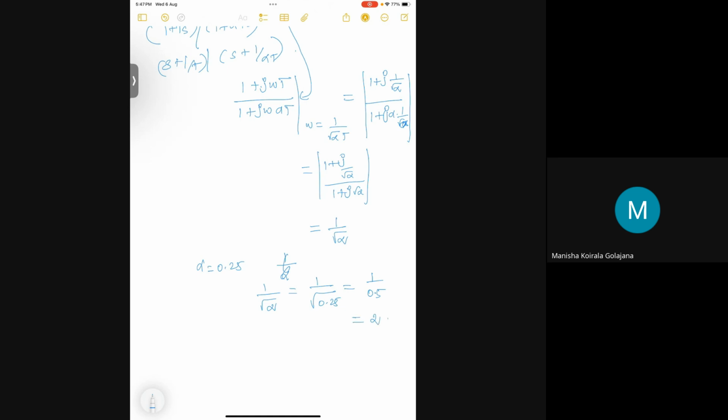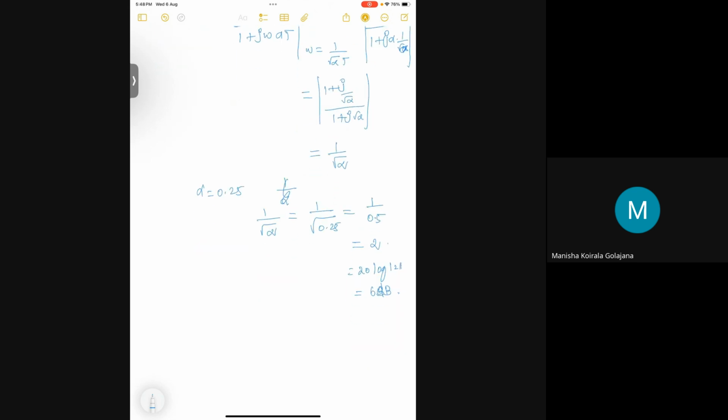Right, 2. But in terms of decibels, if you take 20 log of 2, this is a magnitude, right? You would have 6 decibels. We need it in terms of decibels to find the frequency, because in the magnitude plot you would be having only decibels.